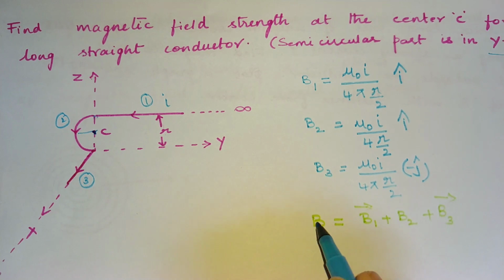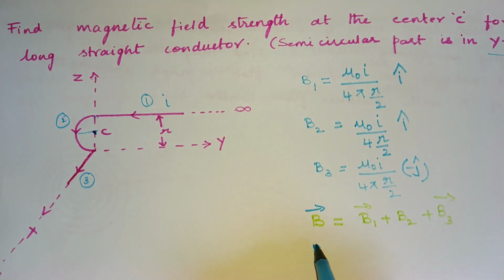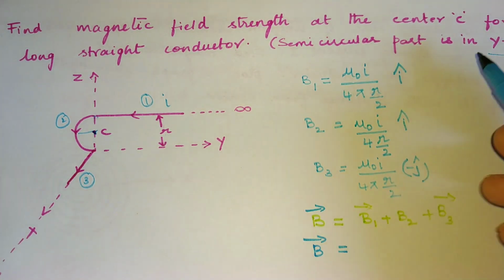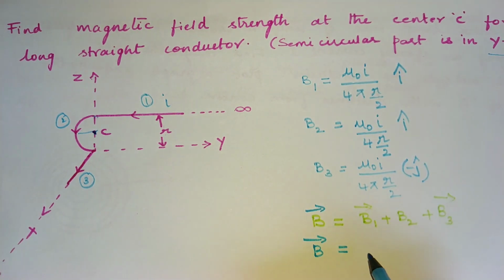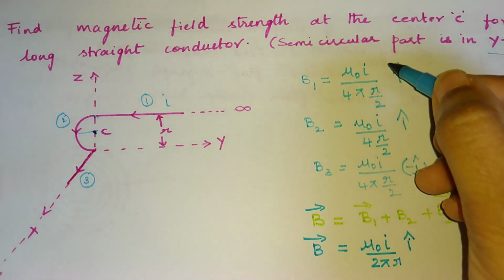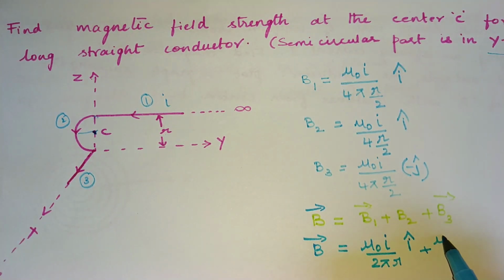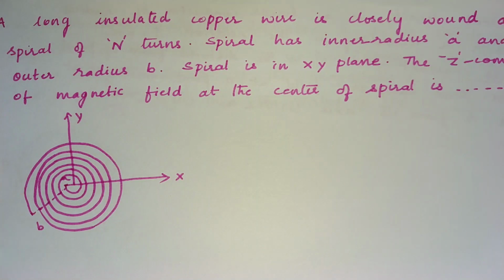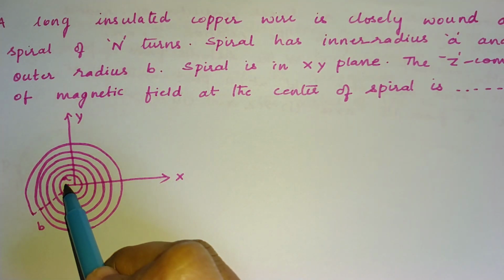When we add them, the net magnetic field would become, 2 I caps and 1 J cap, mu naught I by 2 pi R I cap, first term, plus mu naught I.